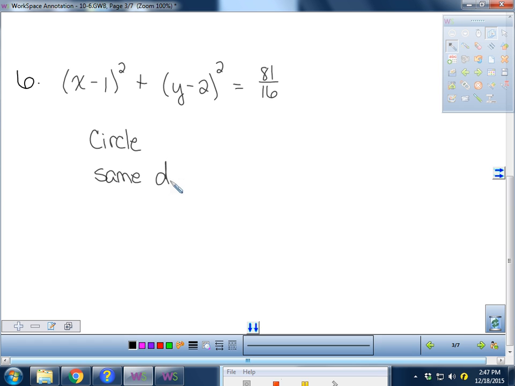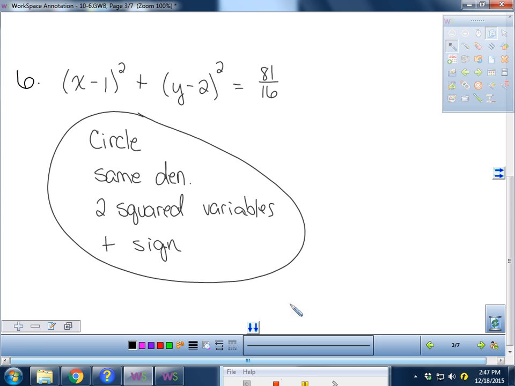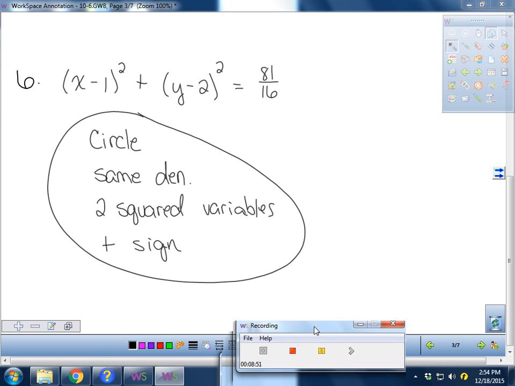I chose that because it has the same denominator and two squared variables. And a plus sign. Make sure when you do your work that you show your justification or why you chose that.